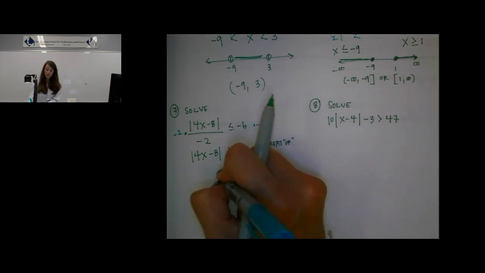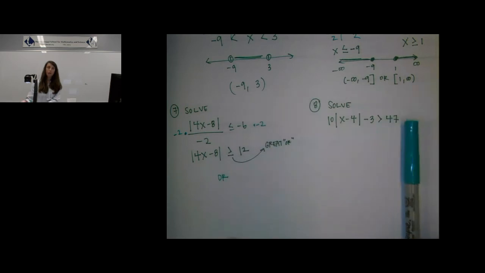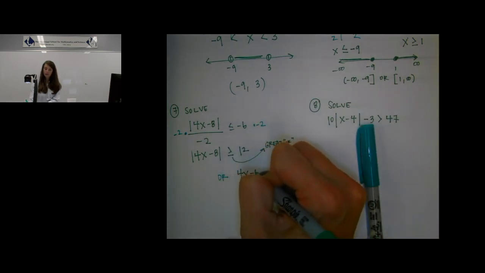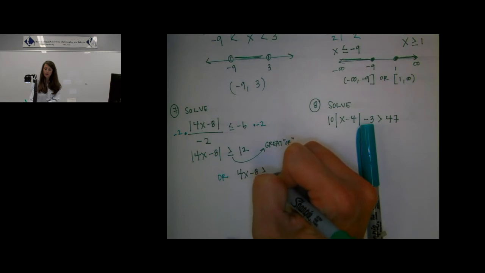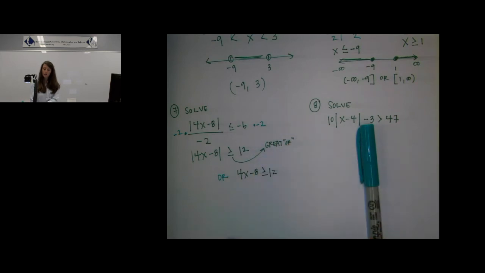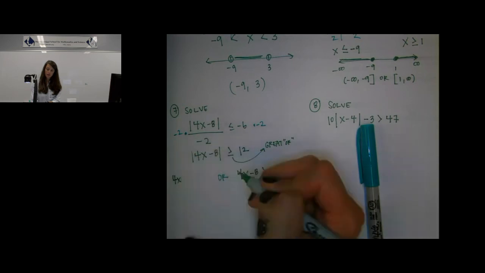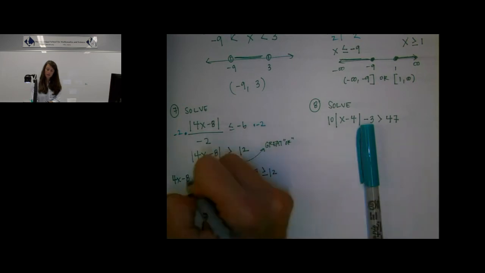So greater means or, right? So that means I'm going to have two inequalities, right? So I'm going to remove my absolute value, and I'm going to have 4x minus 8 is greater than or equal to 12, right? And then the opposite direction will be the less than, right? So 4x minus 8 is less than or equal to negative 12.